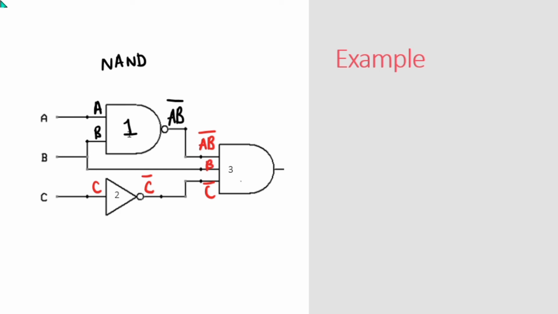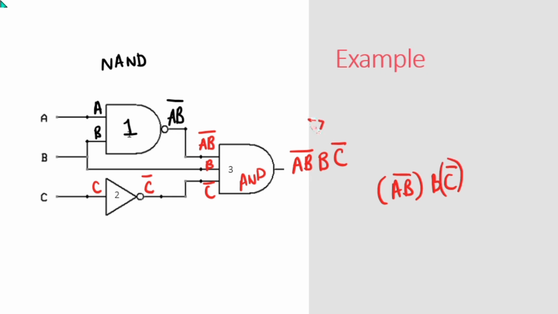This is an AND gate as well. So if we want to write this: gate 1, the B, and gate 3. So that is the expression for this circuit. If you felt uncomfortable, you could add extra brackets, but this is good enough.